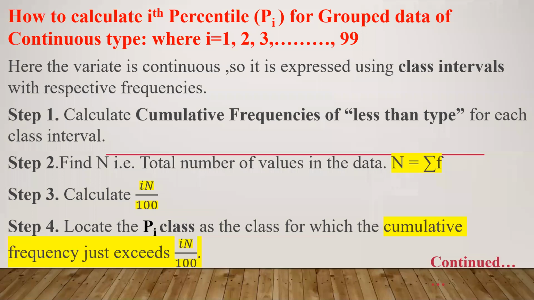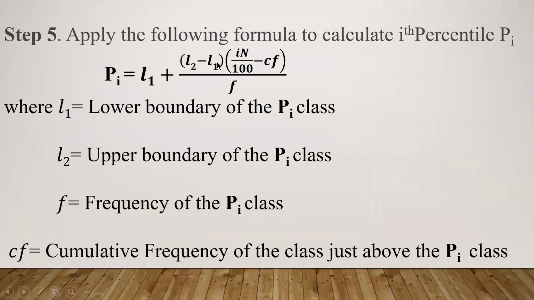Then you will move to the fifth step, where you apply the formula to calculate the ith percentile, Pi. How to write the formula? Pi is equal to L1 plus, in one bracket, L2 minus L1, and in another bracket, iN by 100 minus Cf, divided by f.